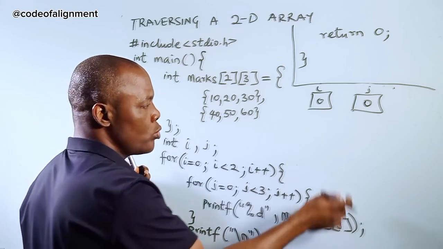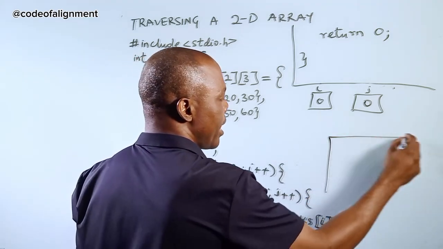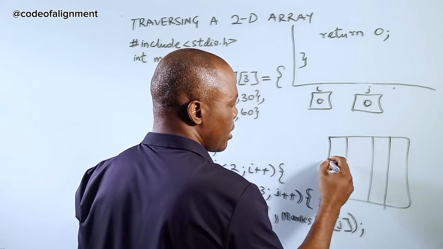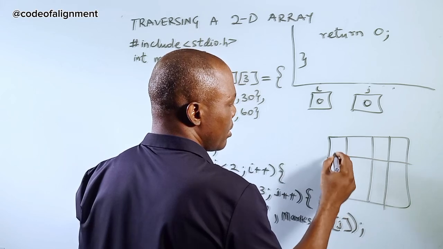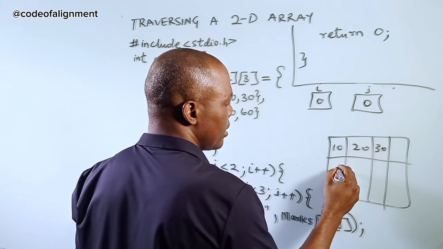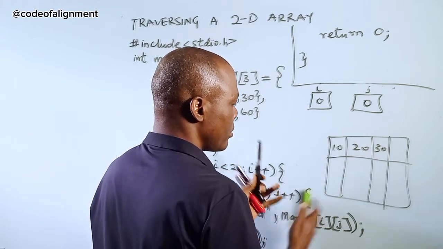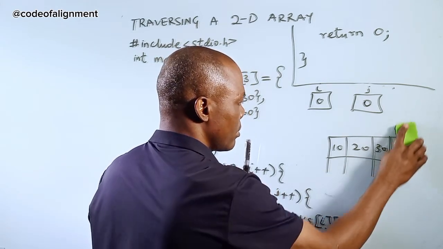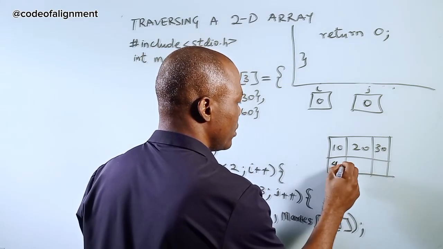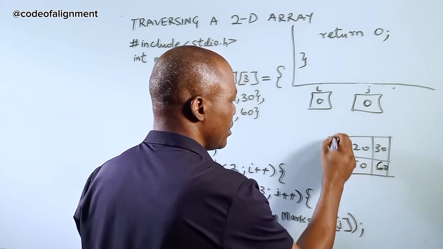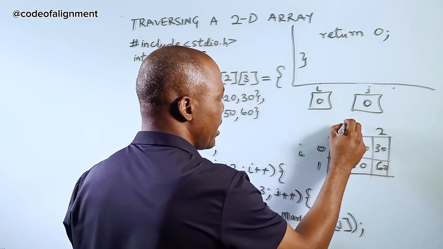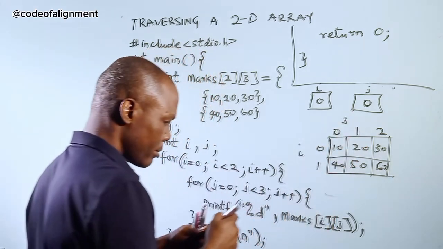So whatever is there, which we've seen, we're having 10, 20, 30, 40, 50, 60. So this is 0, this is 1, this is 2, this is 0, this is 1. So this is i, and this is j.